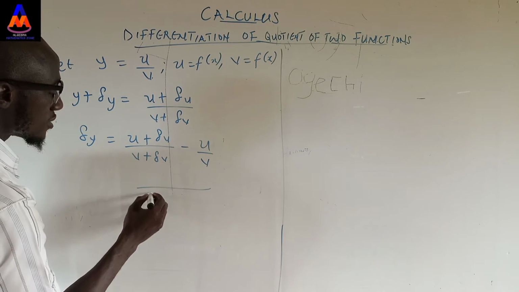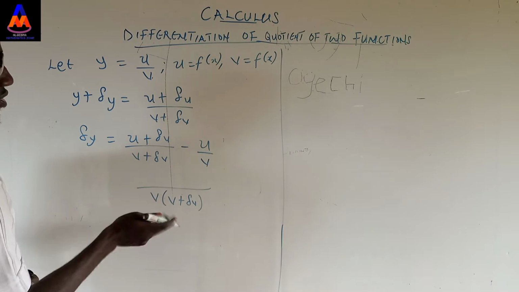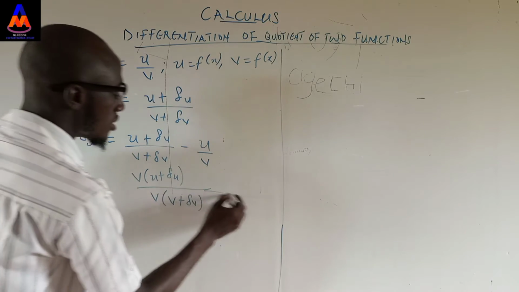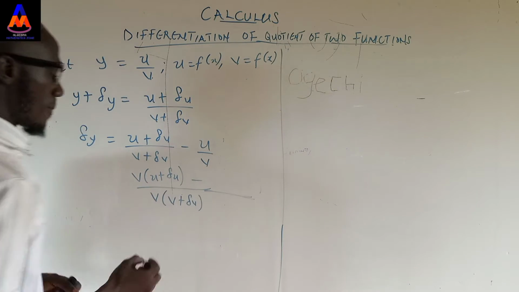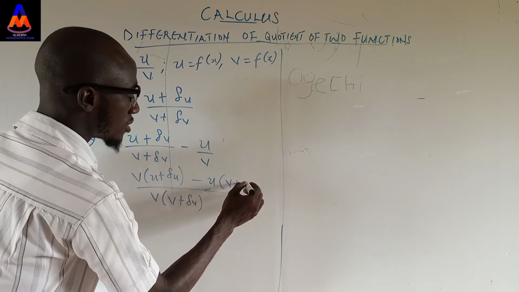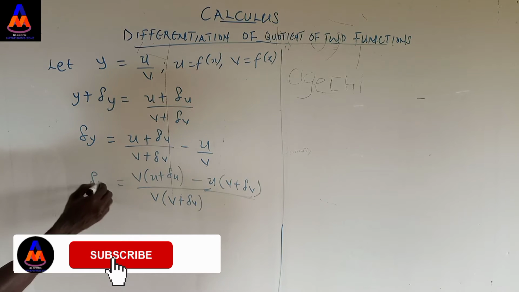The LCM is v into bracket v plus change in v. So this is v into bracket u plus change in u, then minus, since the v's cancel, u into bracket v plus change in v. Then this is change in y.